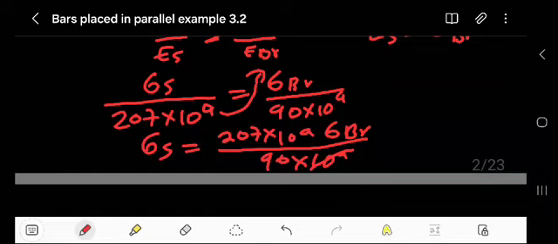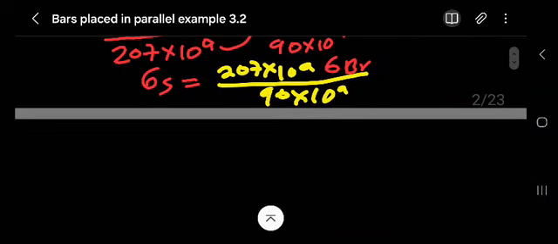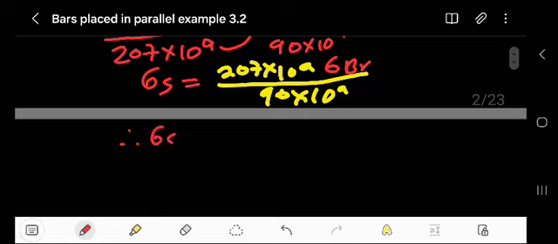This and this will cancel because it's the same. Or do not waste your time, just punch this once. If you punch that, you'll get this ratio, 2.3, and we'll have this as an equation for the stress of the bronze. This will be equation 2.